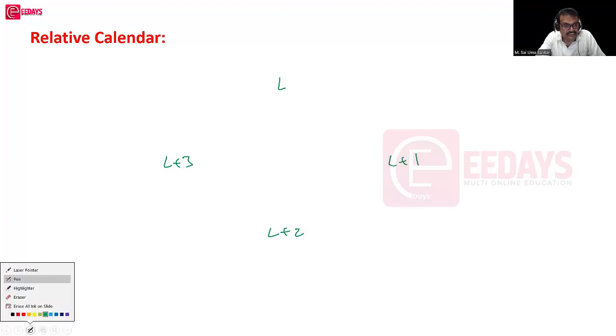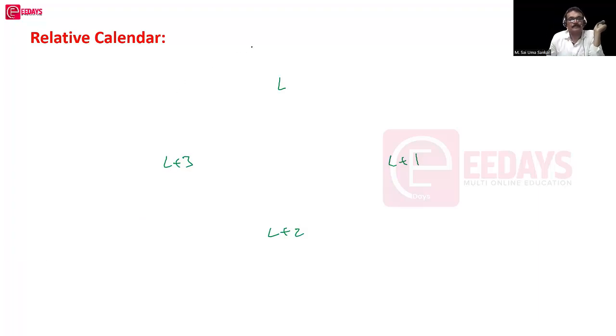Here, leap year, leap year plus 1, leap year plus 2, leap year plus 3. Every year's calendar is the same as plus or minus 28 years.